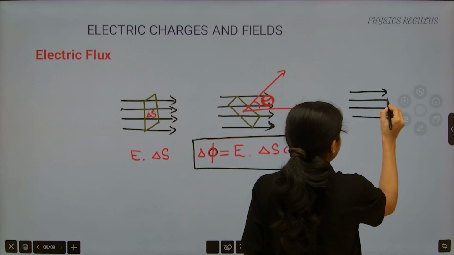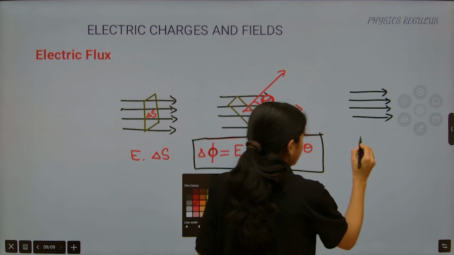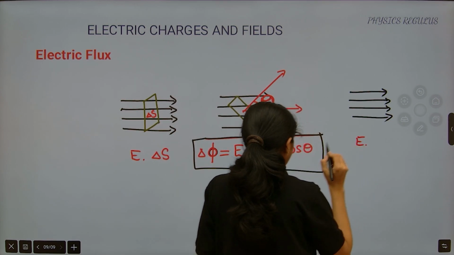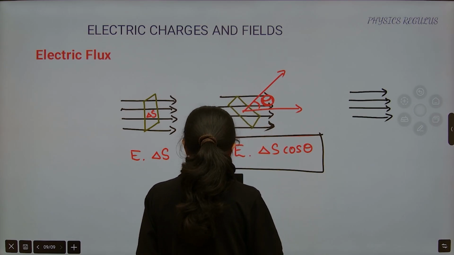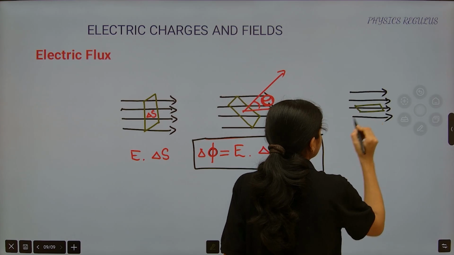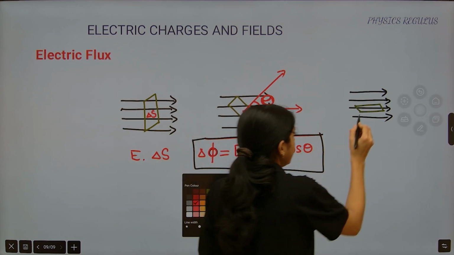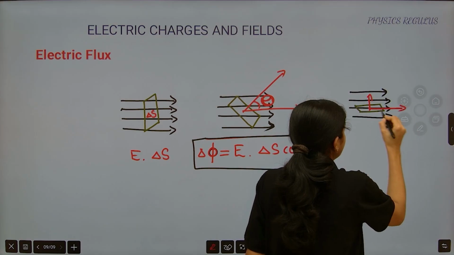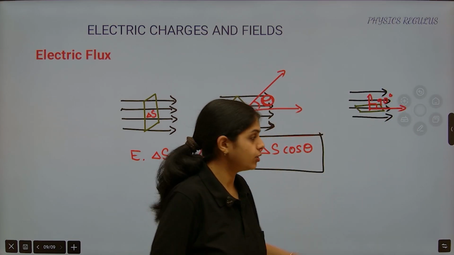These are the field lines which represent the strength of electric field E. Suppose the surface is parallel to the direction of electric field. The surface normal makes 90 degrees with the direction of electric field. Here cos 90 is 0.